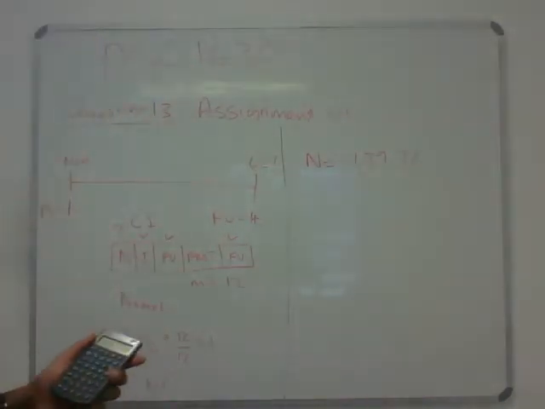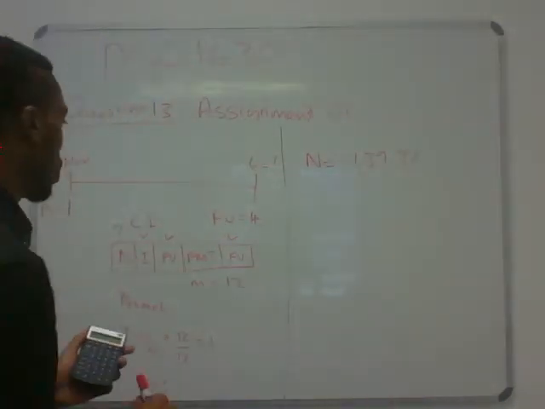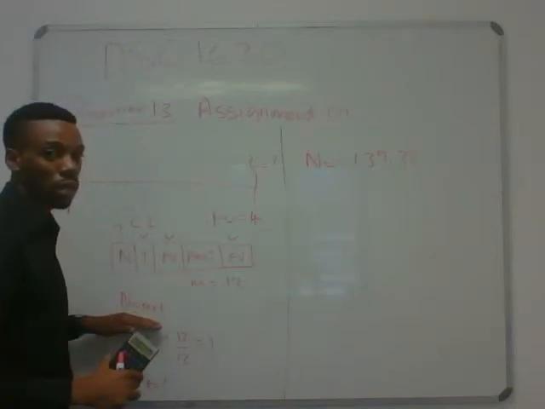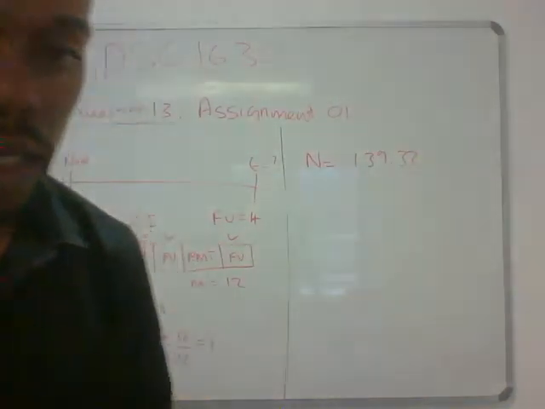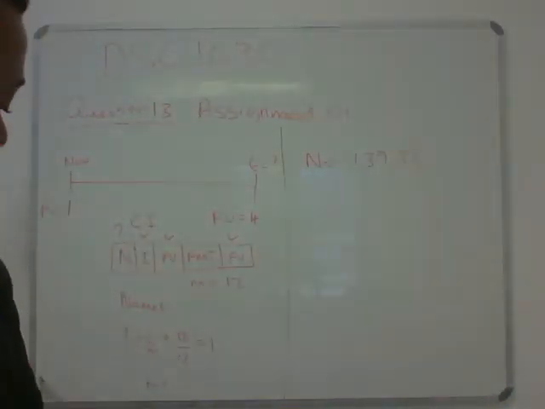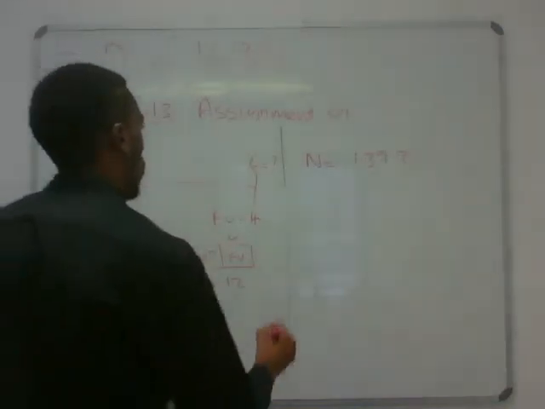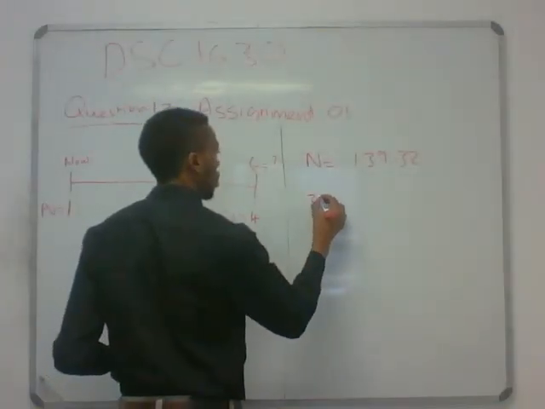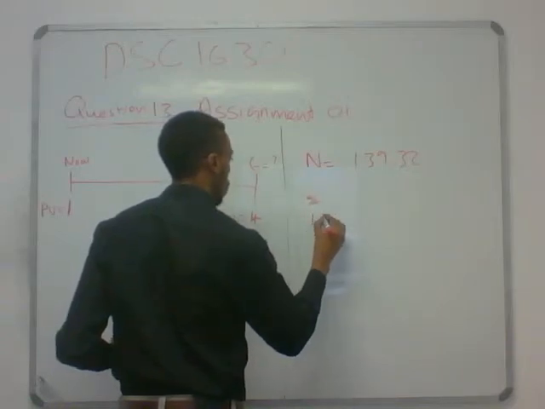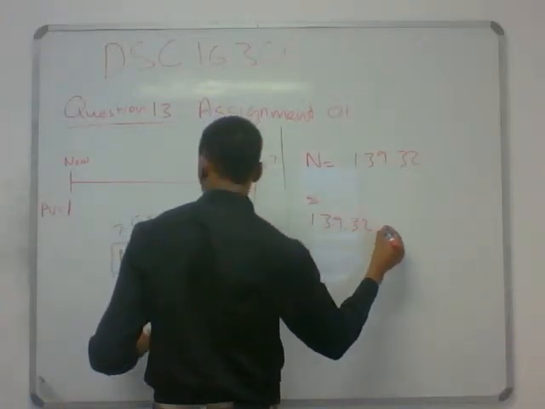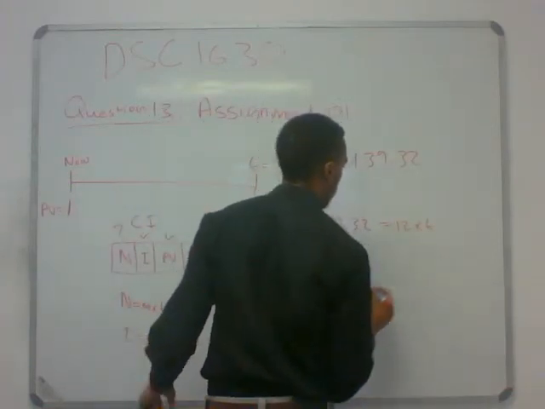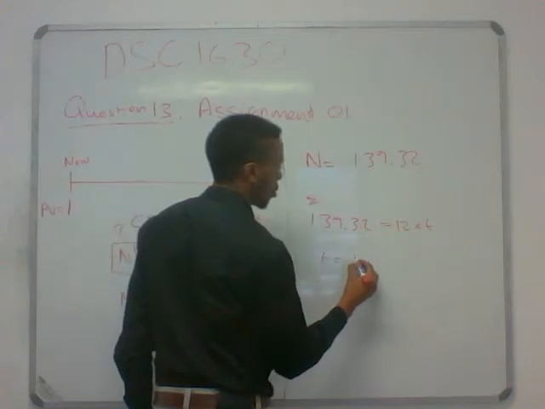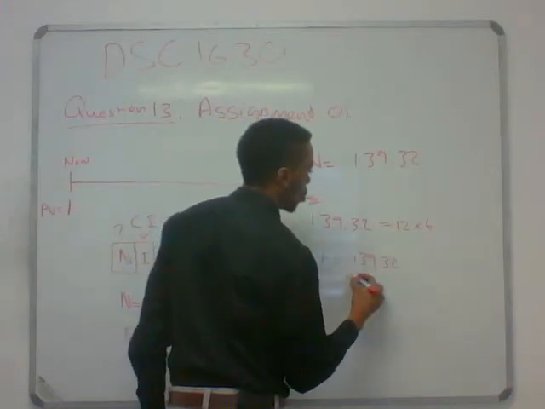From there, we need the time. So we use this equation to get the time in years, because they probably want the time in years. Let's look at our solution in case they want the time in months. They want years, so we come here and say 139.32 is equal to M, which is 12, times T. So T is just going to be 139.32 over 12.